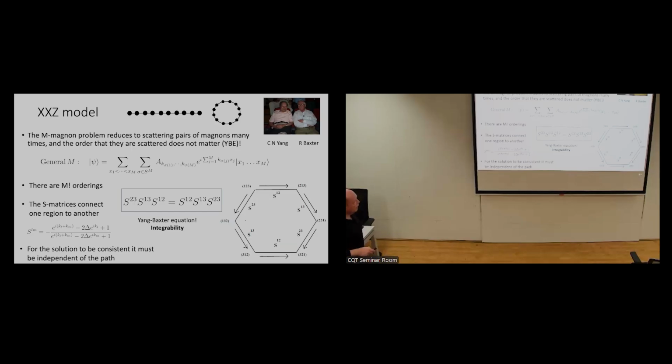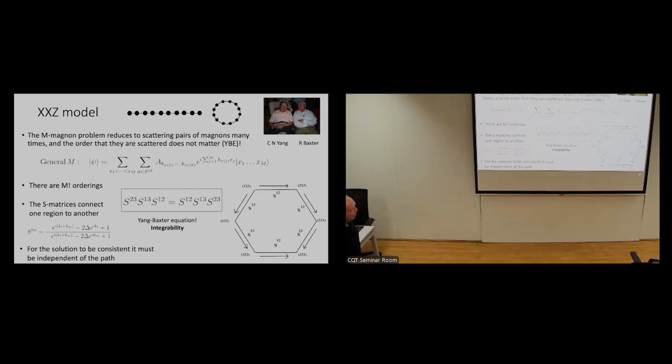So let me start with an amplitude where particle 1 is to the left of particle 2, to the left of particle 3. I exchange particles 1 and 2, which costs me S-matrix S12, and now I have the ordering 2 to the left of 1 to the left of 3. Then I exchange 1 and 3, which costs me S13.